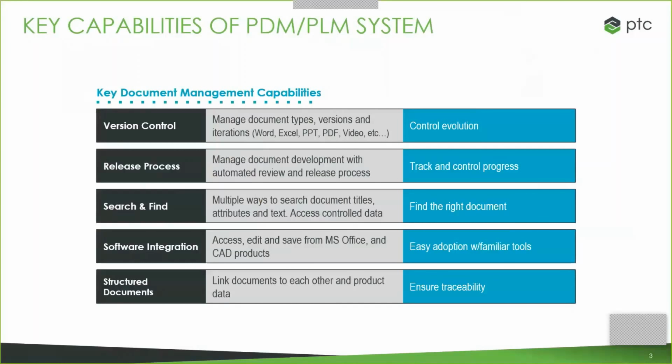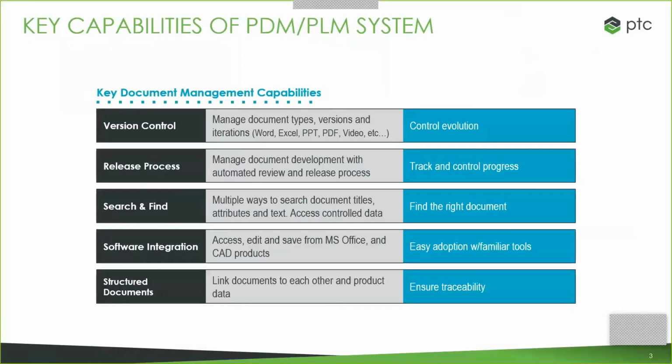So some of the key capabilities to look for in a PLM system include version control, release process, search and find capabilities, software integration and structured documents.